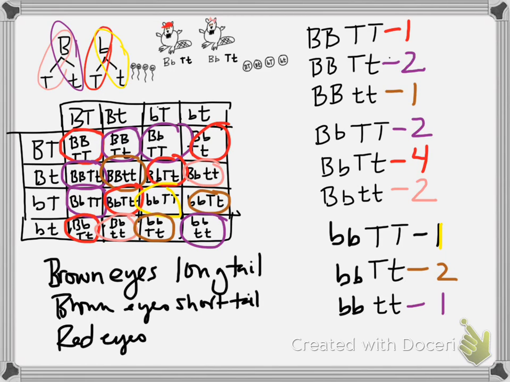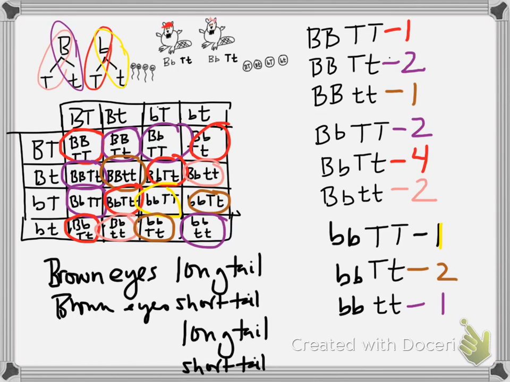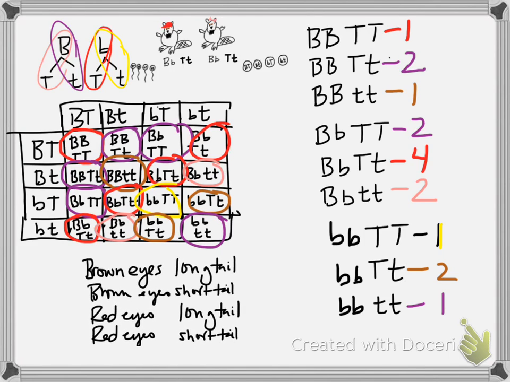We could have red eyes with a long tail. We could have red eyes with a short tail. Whoops, there are only 4 phenotype combinations for this. I'm going to bring these and shrink them just a little bit. So there are only 4 phenotype combinations for all those genotypes.